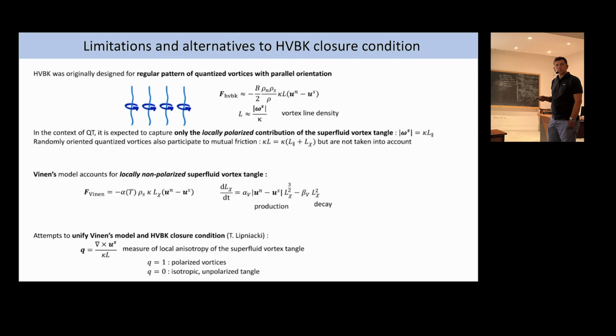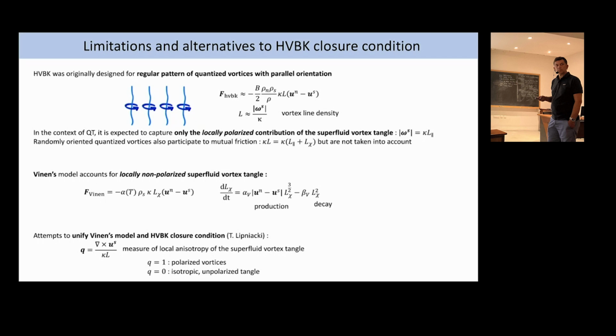So we can mention that there are alternatives to the HVBK closure condition, for example, the Vinen model. And the Vinen model takes an opposite perspective and accounts for the locally non-parallelized superfluid vortex tangle.